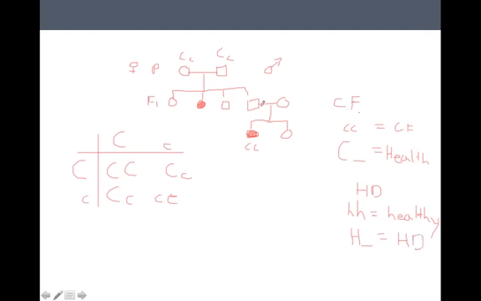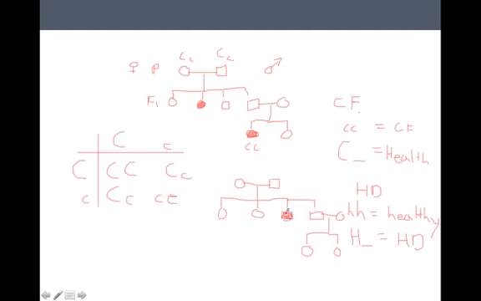So let's redraw a pedigree, and we're going to use the same kind of boys and girls mix here. So let's just redraw this exact same pedigree. So here's mom, here's dad, and again they have children. Now, let's have the male affected here, so we're not always picking on the girls as we did in the last pedigree.